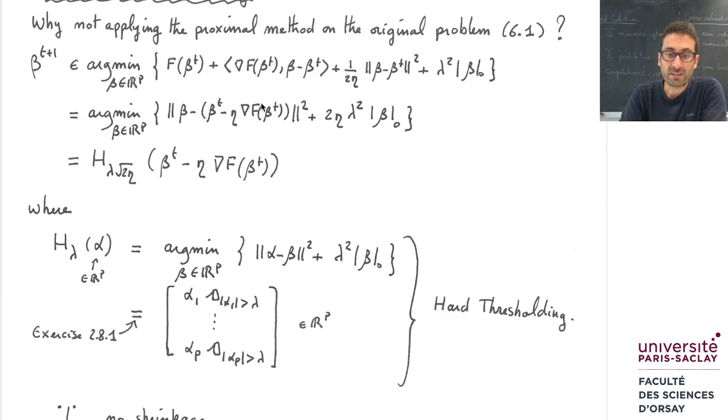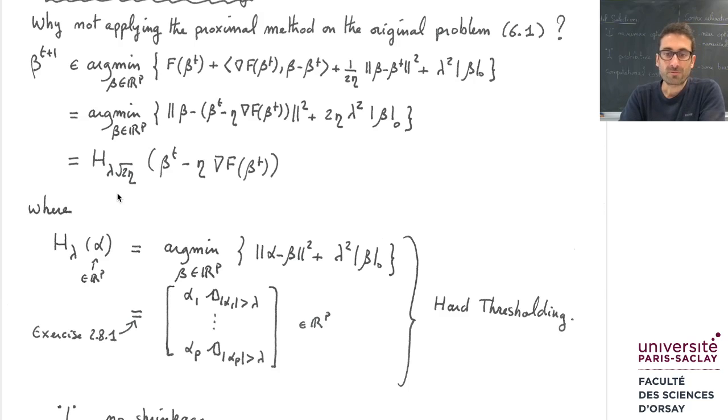So now if I come back to my problem here, what I see, so alpha is this gradient update, right? And lambda 2 is 2 lambda. So the solution to this problem is the hard-thresholding of the gradient update, but at a level which is lambda square root of 2 eta. Right.